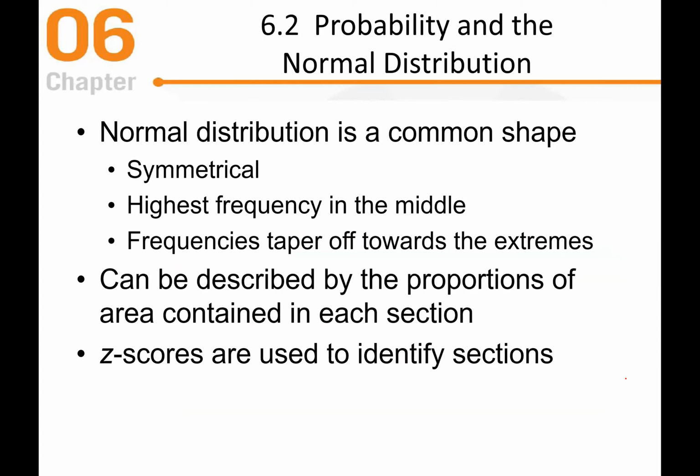All right, so probability and the normal distribution. The normal distribution is a common shape. We've been dealing with it for the last couple of weeks. That is this bell curve right here. It is symmetrical. Remember that if you put a vertical line through it, it can fold onto itself. The highest frequency of scores are going to be in the middle.